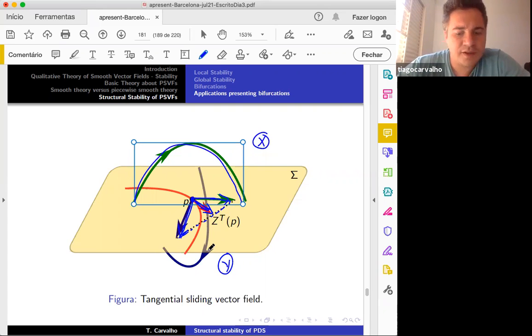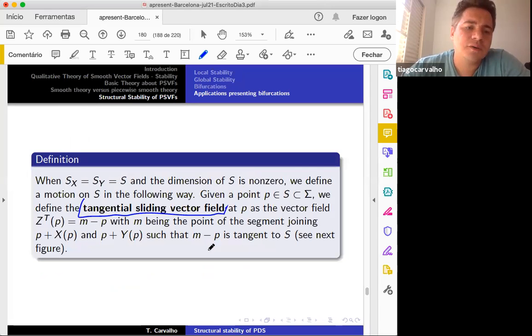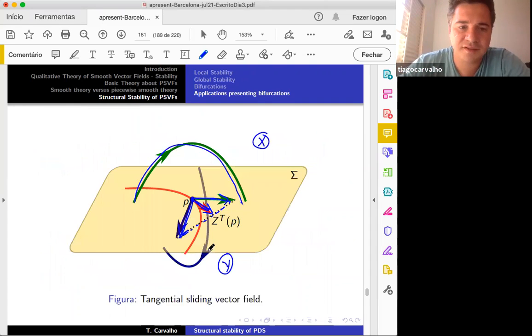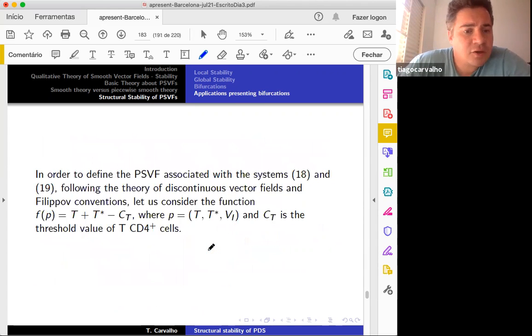Okay, and this is defined here with this tangential sliding vector field given by this expression that I will not explain, but the meaning is the same as this picture that I showed. Okay, so let's go to the model.